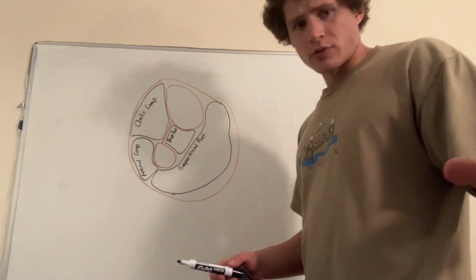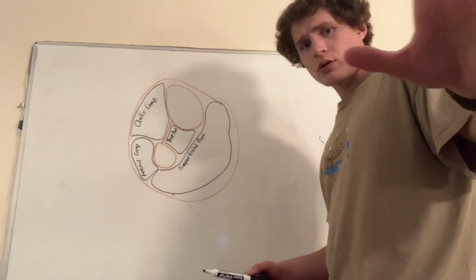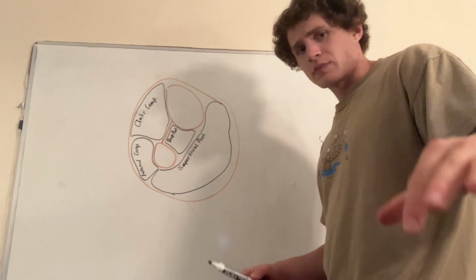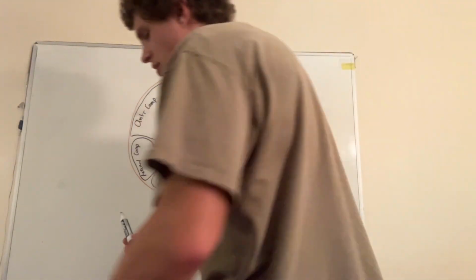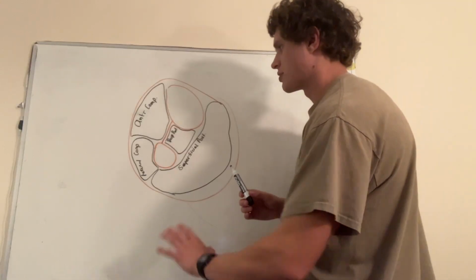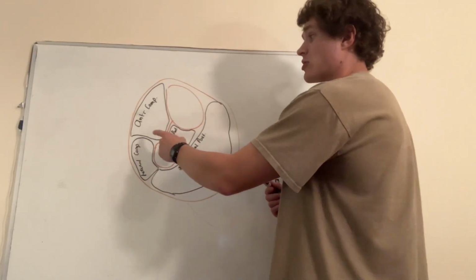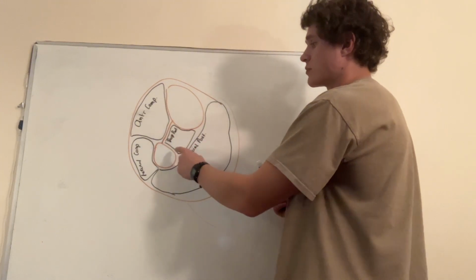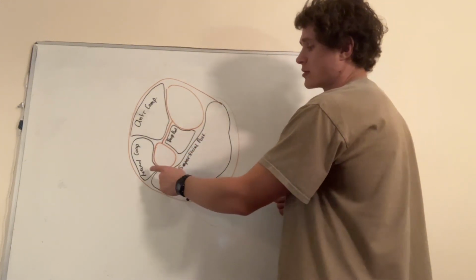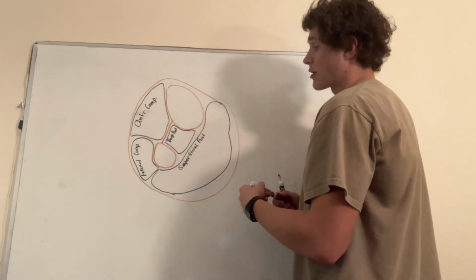All right, a couple of things I wanted to wrap up on the lower leg stuff with. So this is a cross section of the lower leg, showing the 4 different compartments that we just talked about: the anterior compartment, the deep posterior compartment, superficial posterior compartment, and the lateral compartment.